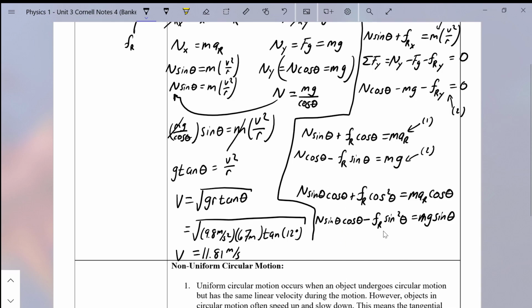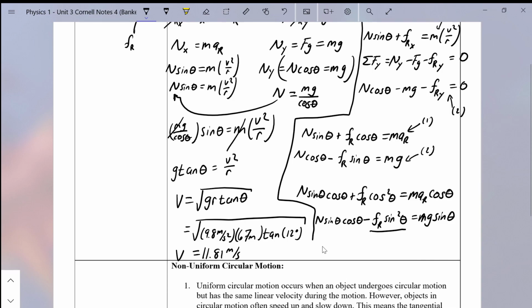Also, you'll notice that this term is negative. So if I subtract f sub r sine squared theta from f sub r cosine squared theta, but it is already negative, then I'm basically getting a term with sine squared theta plus cosine squared theta, and that'll simplify a little bit.